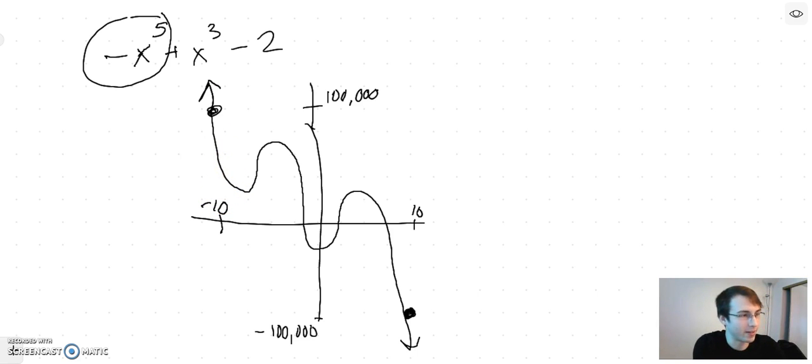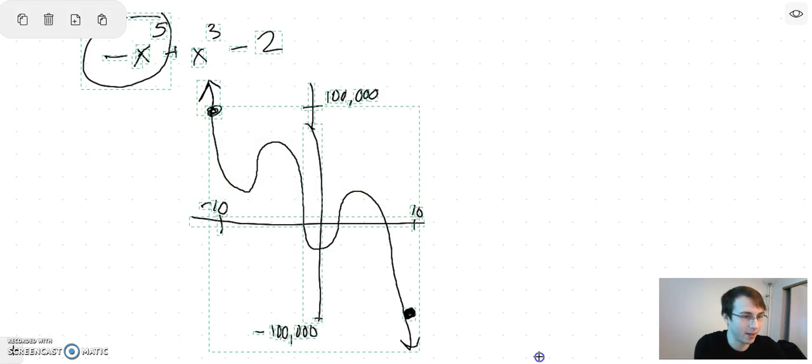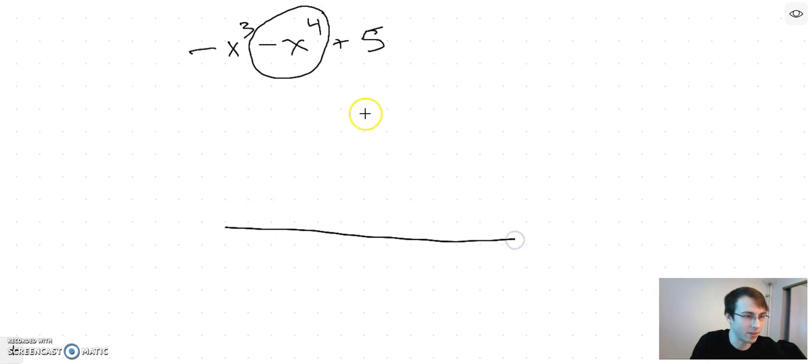One more example to finish it off. Maybe we've got negative x to the third minus x to the fourth plus 5. What is the highest term here? Well, that's the negative x to the fourth. So think about drawing this.